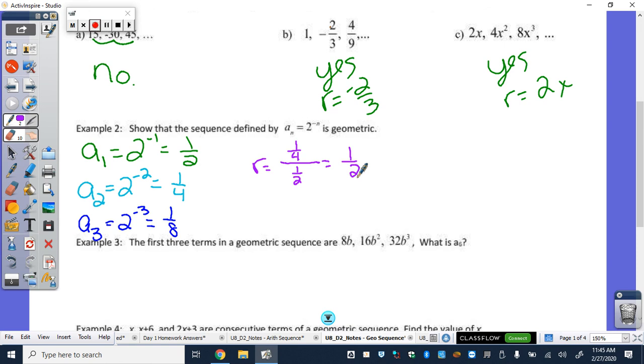Fractions, remember, keep, change, flip, so it's really 1/4 times 2. Or you can use your calculator to help you with that. See if it's the same ratio if I do my third term divided by my second term. So 1/8 divided by 1/4 gives us 1/2. So yes, it is geometric because the ratio stays the same. That's consistent.